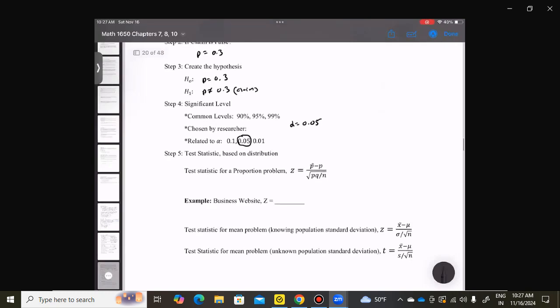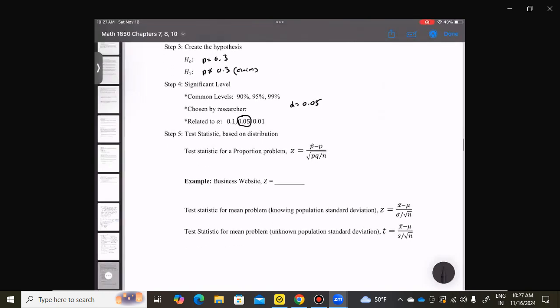And so we have to figure out the test statistic, which, for proportions, would be a z-score. And it's your p hat minus your claim value at the top. So 0.35 minus 0.3 over the square root. And then notice in the bottom it's p and q. So this is your claim, 0.3, times your alternate claim, 0.7, over the 400.